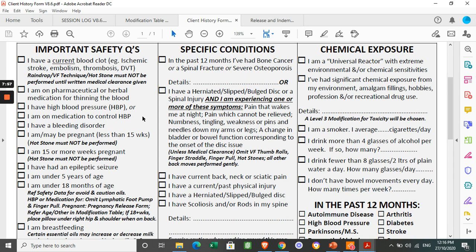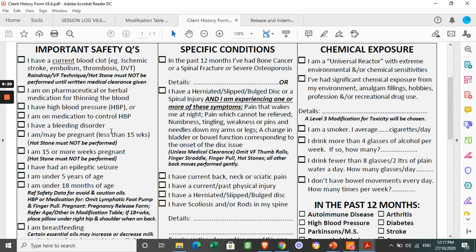But they still have medication they're taking because they had high blood pressure. So we still want to look at what contraindications are relevant for someone who is either medicated to control their high blood pressure or they currently are experiencing high blood pressure.